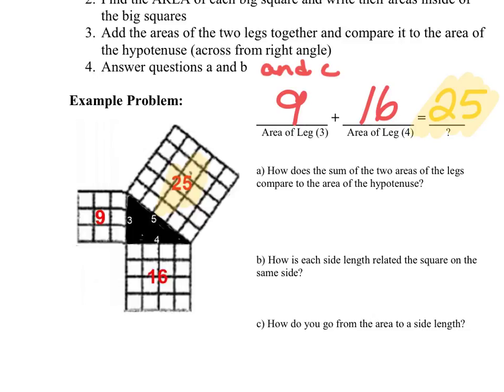So you're going to answer these questions for me now. The first question asks us, how does the sum of the two areas of the legs compare to the area of the hypotenuse? Well, I notice that for less mathy people in here, the little square plus the little square equals what?